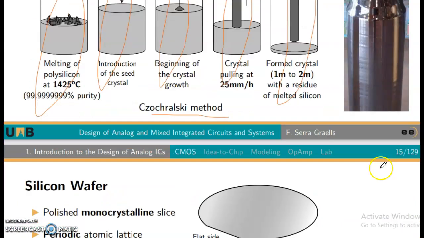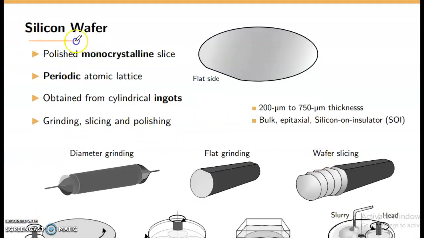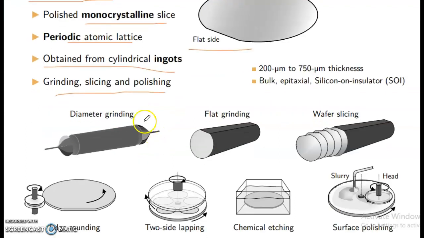This is the silicon wafer: polished monocrystalline slice, periodic atomic lattice, flat side obtained from cylindrical ingots by grinding, slicing and polishing. Diameter grinding, flat grinding, wafer slicing.